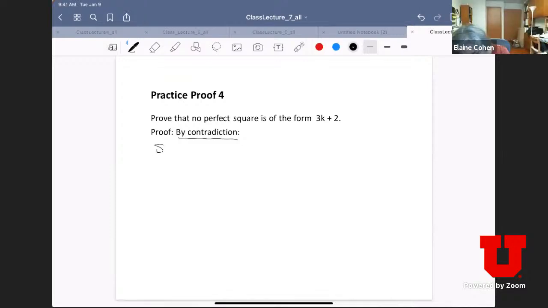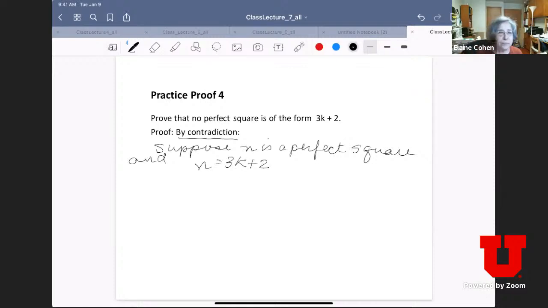Sure. So we say suppose n is a perfect square and n is equal to 3k plus 2. That's the first part of it.